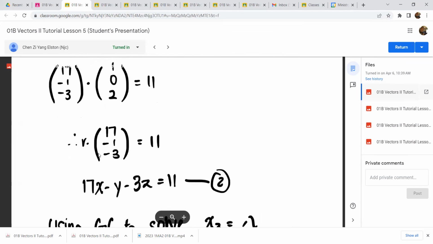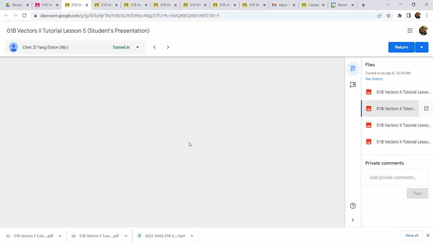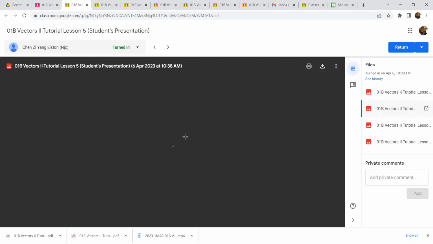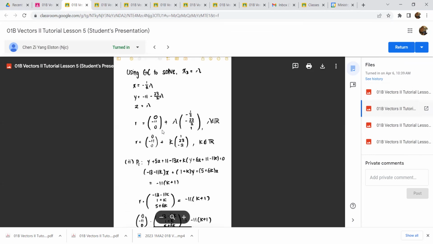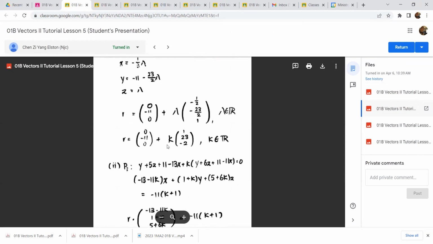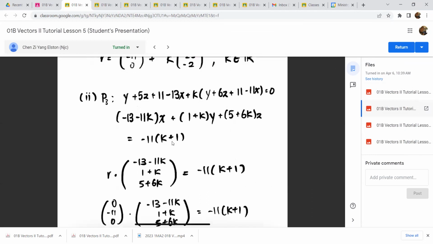So you do the scalar product form in order to get the Cartesian equation. Okay, part 2. But you basically first expand out and factorize it based on x, y, and z. You can put it to scalar product form.